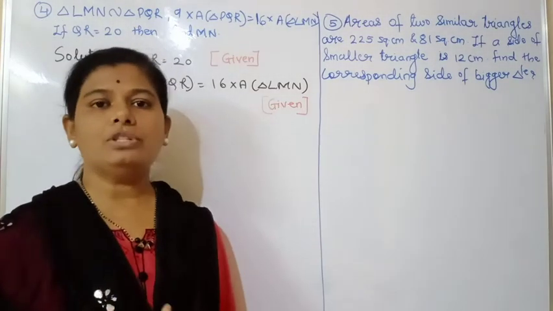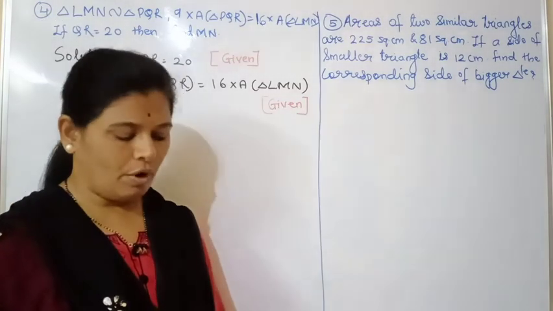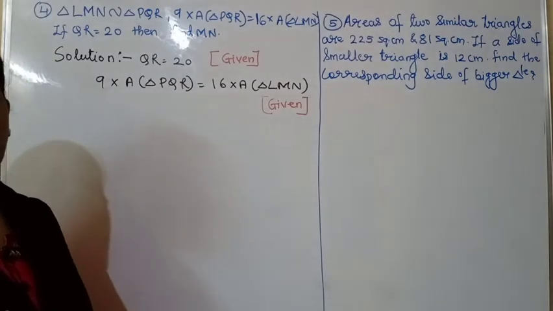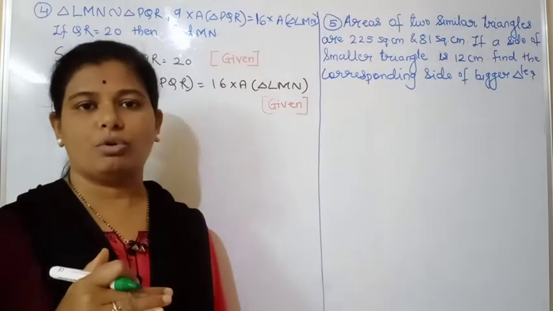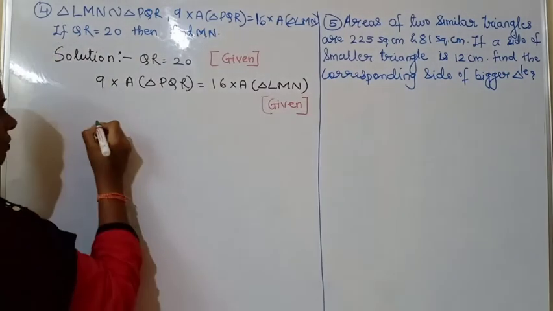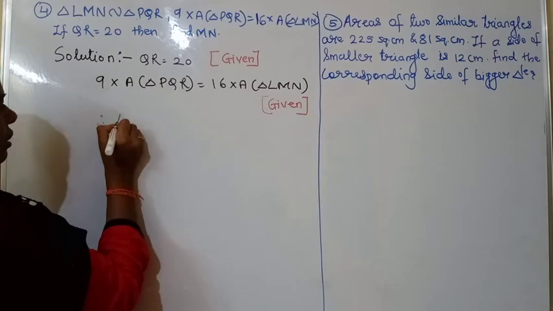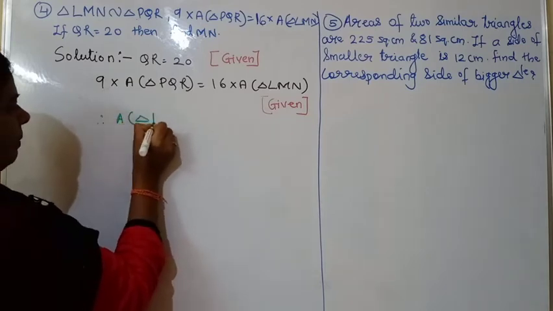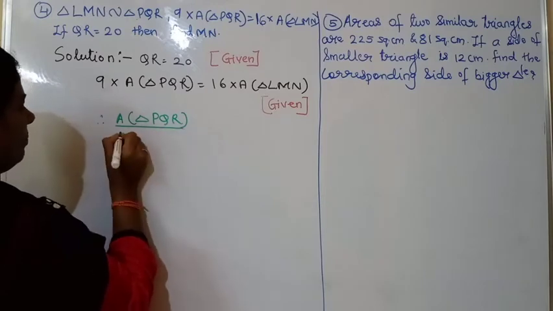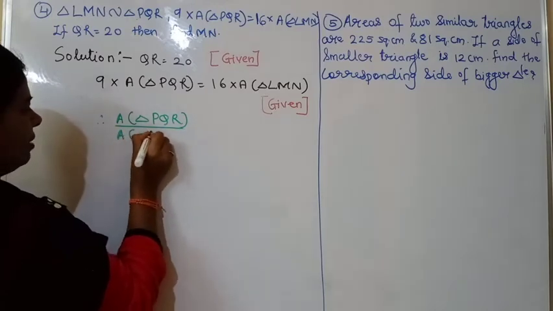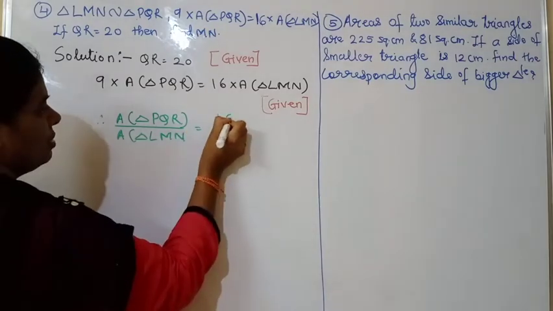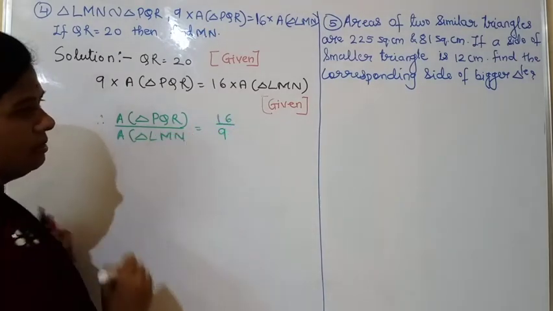We have to arrange this ratio properly. What we have to do? We have to arrange it. How to arrange it? We have to take the ratio of areas, that is PQR upon LMN. Okay. So what we have to do here? Therefore area of triangle PQR upon area of triangle LMN is equal to 16 upon 9.